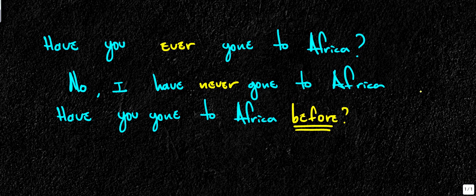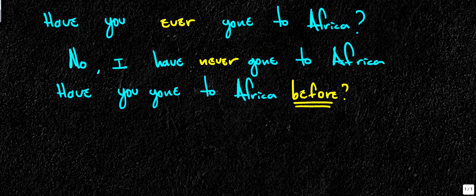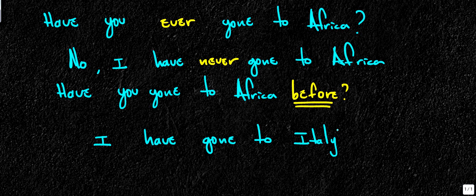There's one more thing that you want to remember, and that's the position of the adverb. Say, for example, I have the sentence, I have gone to Italy. All right. And I want to include already. If I want to include already, there are three places in the sentence where I can include it.